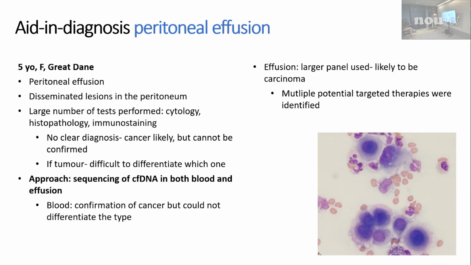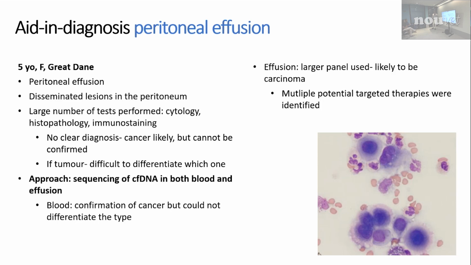There was cytology, histopathology, immunostaining. Multiple pathologists looked at it. They initially were wondering whether it was malignant or not, and couldn't decide, but then thought cancer was more likely. Differentiating between a carcinoma and mesothelioma in this case was not clear cut either. So we did sequencing of both the cell-free DNA and the effusion.